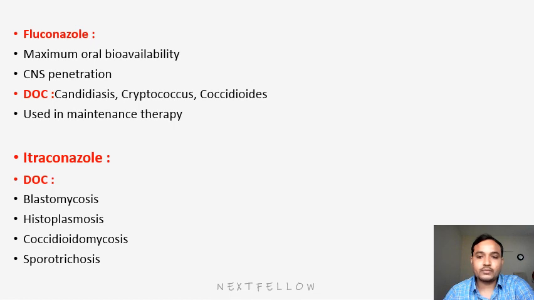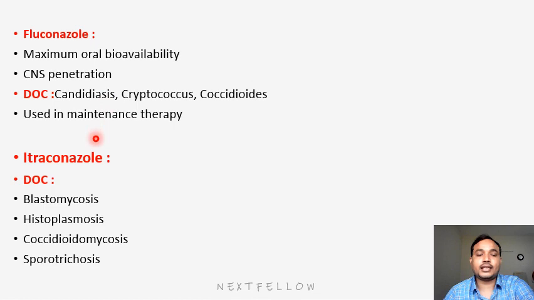Fluconazole has maximum oral bioavailability and CNS penetration, so we use it most commonly as maintenance therapy after amphotericin, liposomal amphotericin or flucytosine IV treatment. For Candida, Cryptococcus, and coccidioidomycosis infections, we use fluconazole as maintenance therapy.